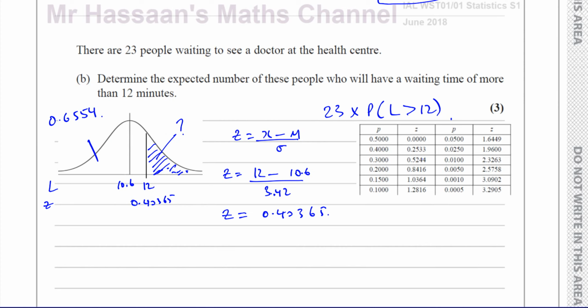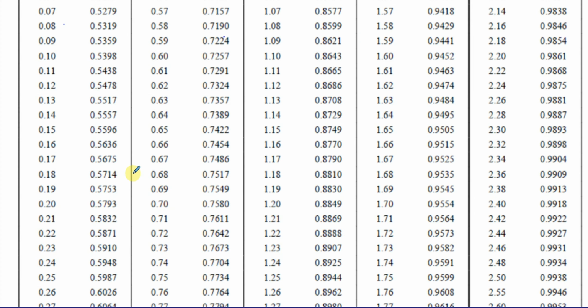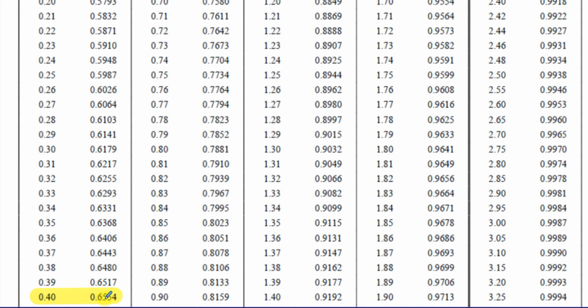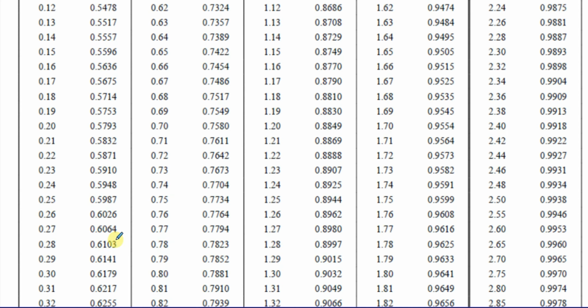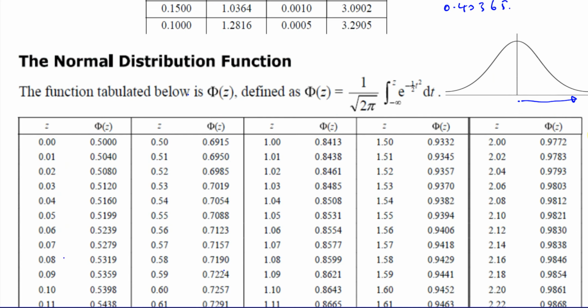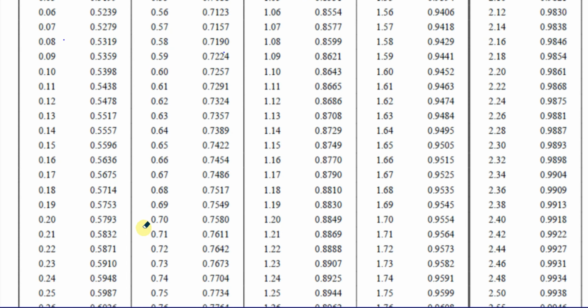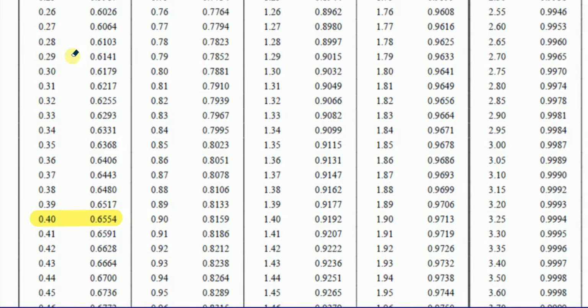If we look at our table, that's the table that we had over here. 0.6554. Remember, for this graph, it's the area to the left of the Z value that we are considering. So it must be over here, 0.6554.